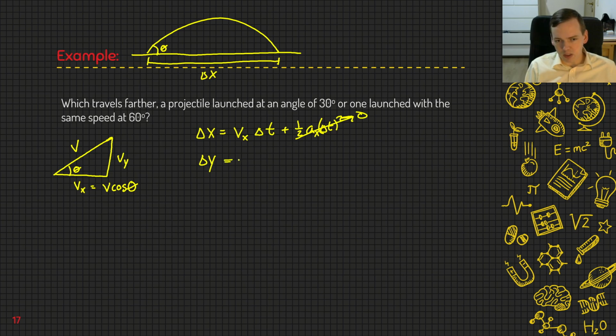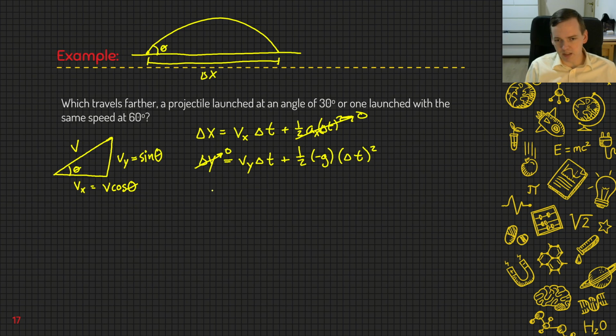Delta y should equal vy delta t plus 1/2 times negative g times delta t squared, because in the y direction the vertical acceleration is g, the acceleration due to gravity. The y velocity we know is going to be v sine theta. What gets a little tricky here is that we have to do some clever math, or realize that if I start at this height and end at this height, delta y is 0.